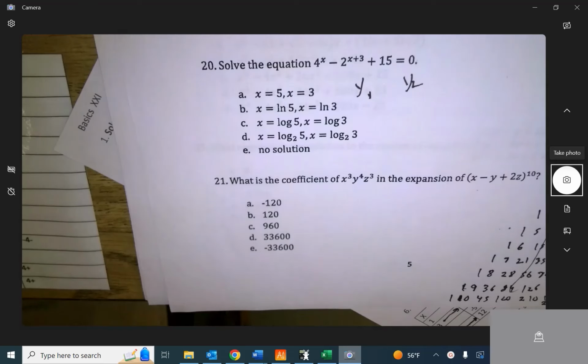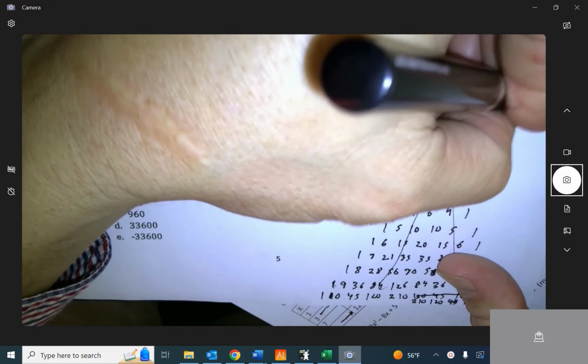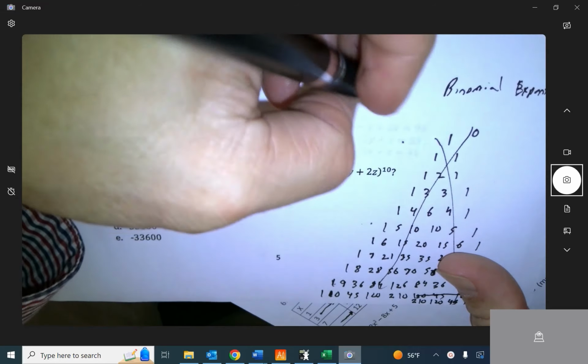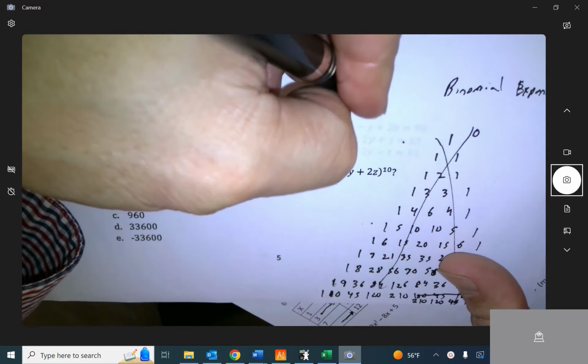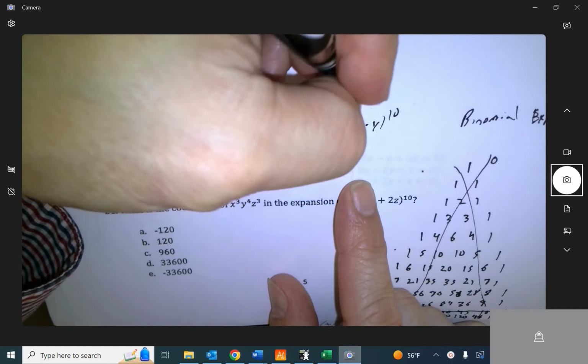So, like an idiot, when I was doing 21, I started doing a binomial expansion. You can see I wrote this down. That's a binomial. We did that. It works well for like x minus y to the 10th, and that's a binomial.